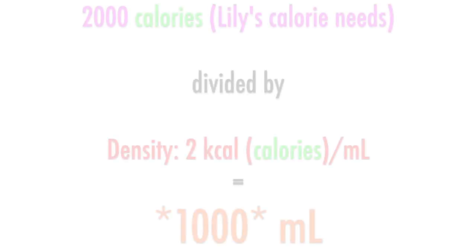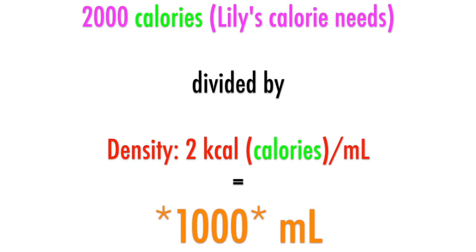You cancel out your units and you are left with 1,000 milliliters per day. So in order to meet Lily's needs based on this specific tube feeding formula that we made up, you're going to need to infuse a total of 1,000 mLs per 24 hours. Remember that. We're going to come back to that.